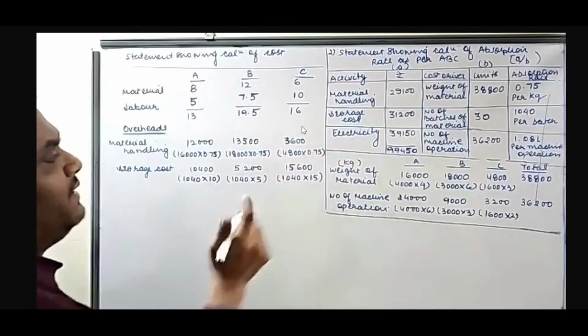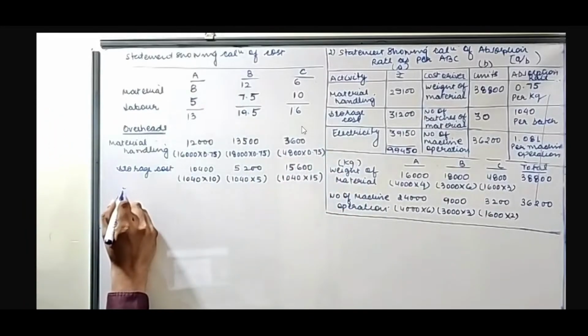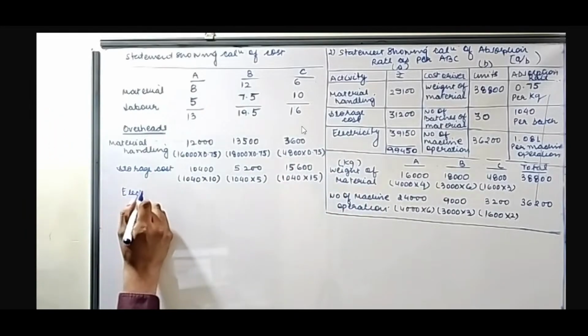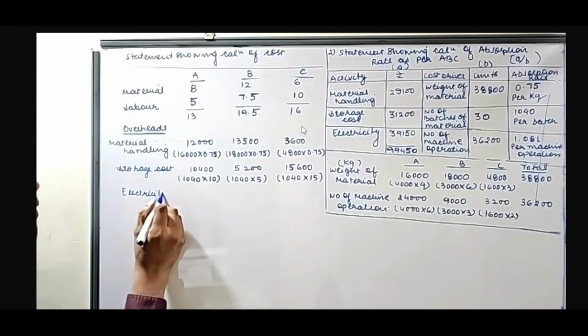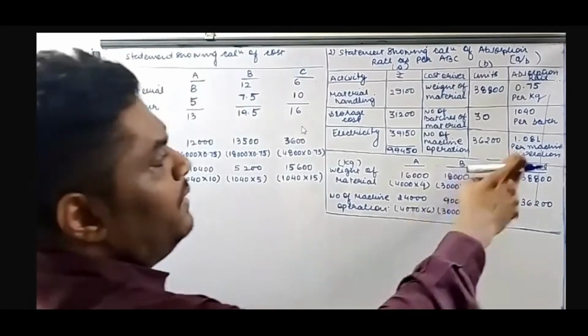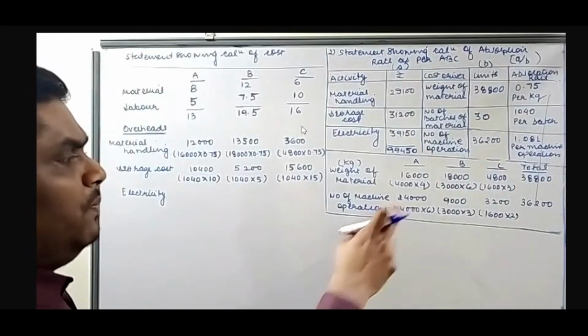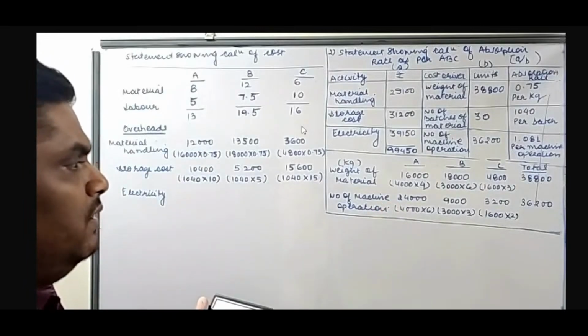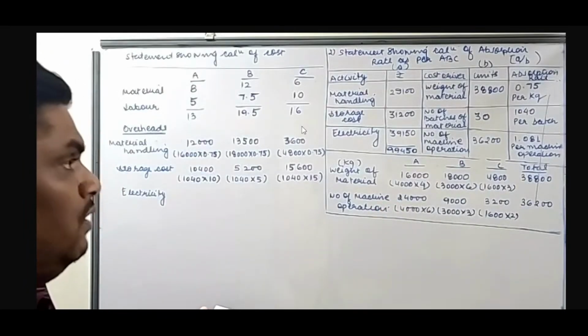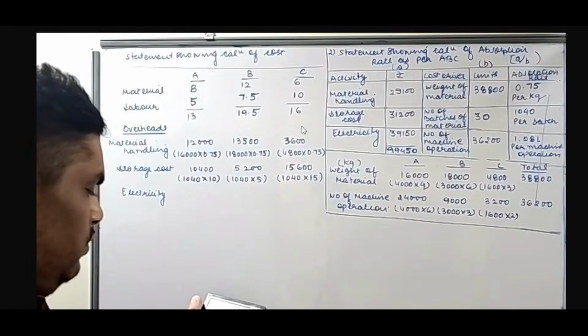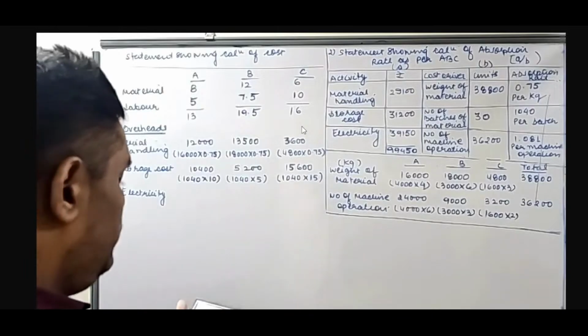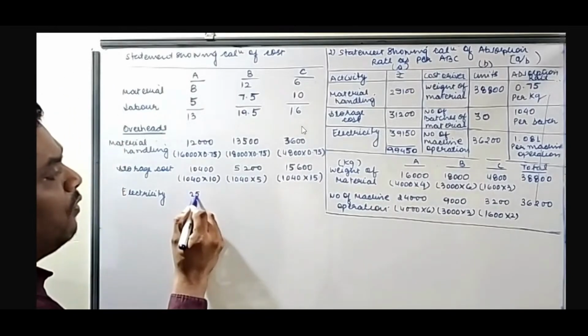Now next is electricity cost. It is 1.081 per machine operation. So machine operations are 24,000 into 1.081, 25,944.